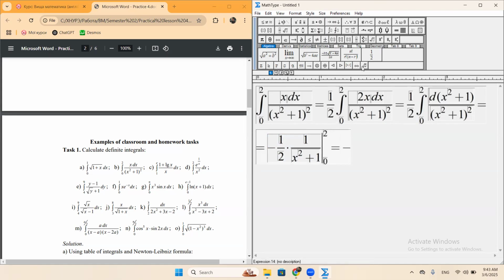So minus 1 over 2, and in the brackets 1 over 5 minus 1. Yes, correct. It will be equal to minus 4 over 5 multiplied by minus 1 over 2, so 2 over 5. Any questions about this exercise?